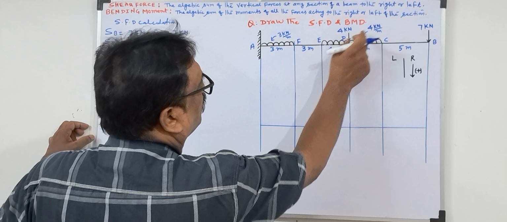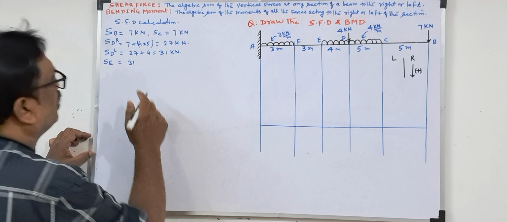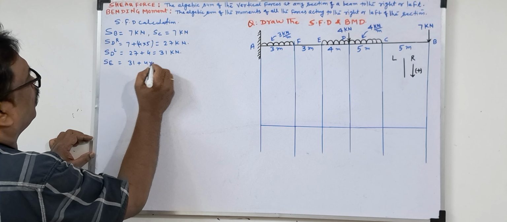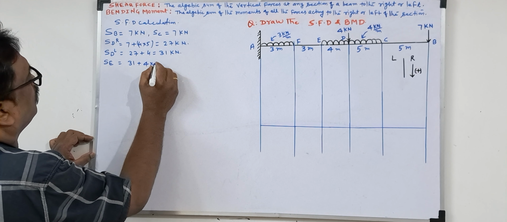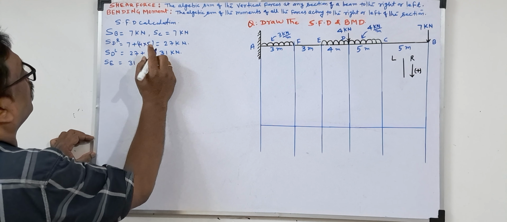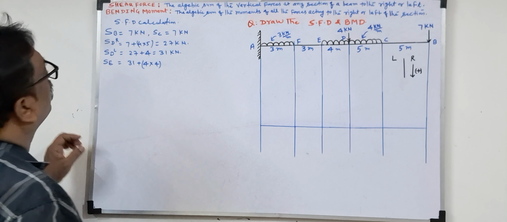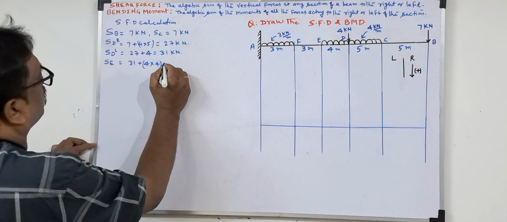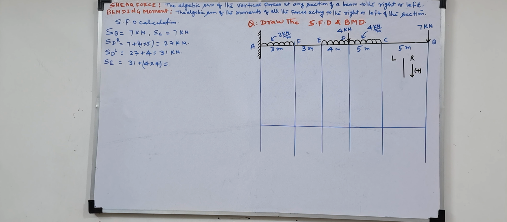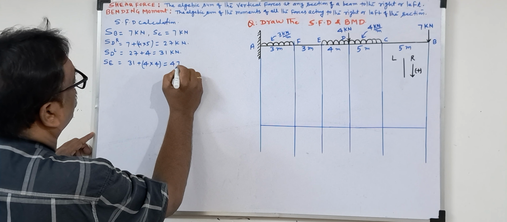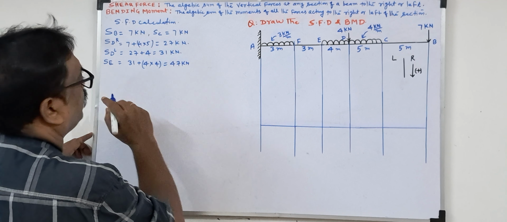The UDL load is 4 and the distance is 4, so plus 4 into 4. How much will it be? 31 plus 16, it will come to 47. So it is 47 kilonewton up to E.